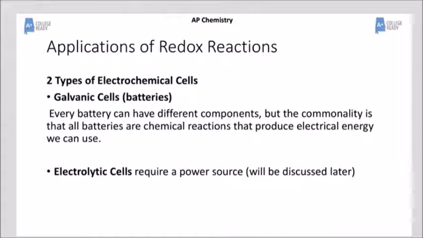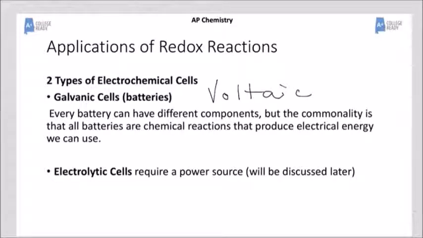Another term you might see is voltaic. I'll write that out. It's an older term. I still see it in textbooks and old AP questions, but it means galvanic, so either one is good. And batteries are made of different components depending on the type of battery.